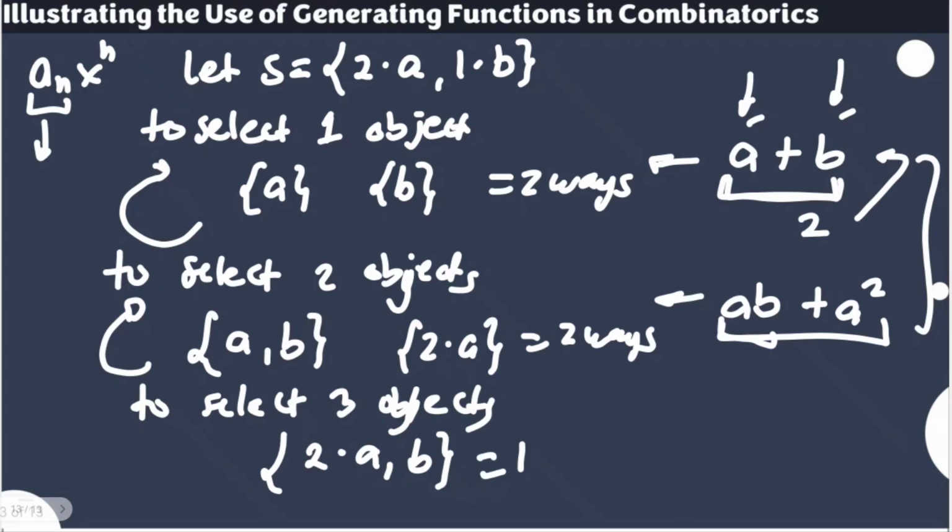In this notation, if I'm going to select 2 A's and B, that is just one. I cannot have any other combinations because I have only 3 objects. So I have only one way. So this 3 indicates the number of ways.